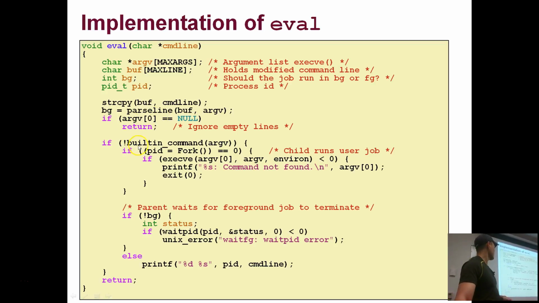If it's a command that the shell can handle directly, the shell will handle it directly. If it's not, then you've parsed out that command line into this data structure argv, which you now are going to use to do a fork and then an exec. Part of the exec is the actual command that I want executed, which is the first string in that argument, followed by the argv data structure, which we'll just assume this parse line gives us, and then whatever environment variables.